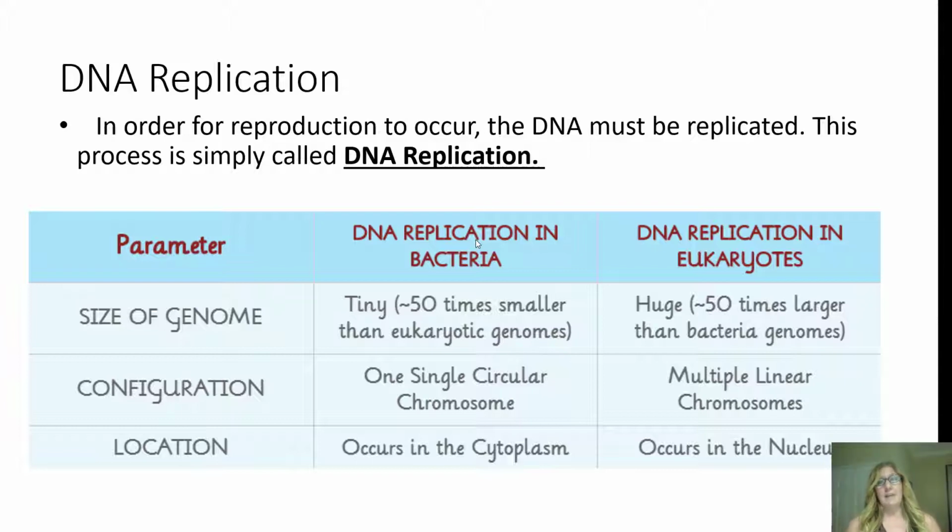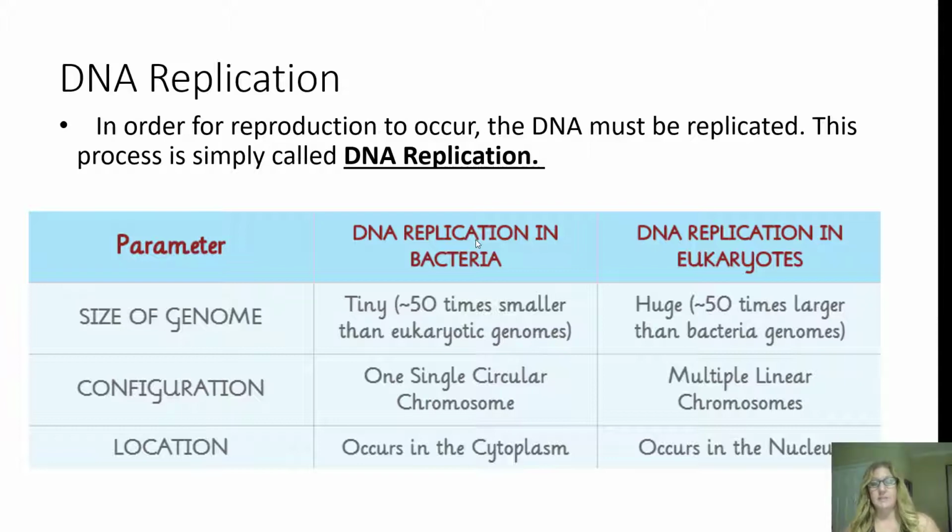The DNA in bacteria cells consists of one single circular chromosome, which lies in the nucleoid region. Whereas eukaryotic DNA is linear. It's not circular, and it has more than one chromosome, so multiple chromosomes.